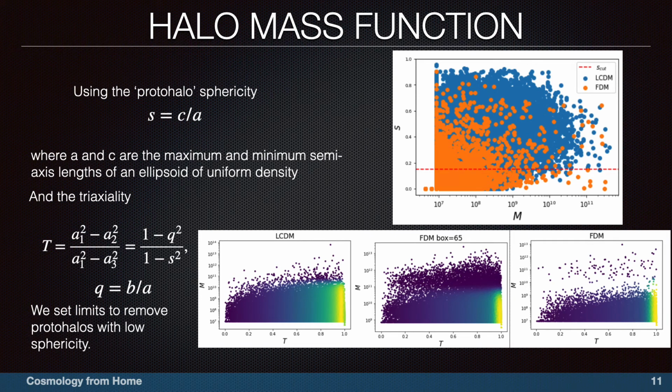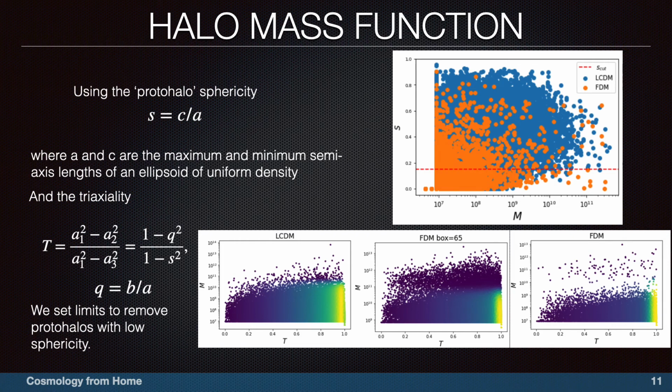On the other hand, we study the sphericity of the proto-halos, which we identify as the first overdensities in the simulations at redshift 7. We put limits on the sphericity and the triaxiality of the proto-halos and remove those that have low sphericity.